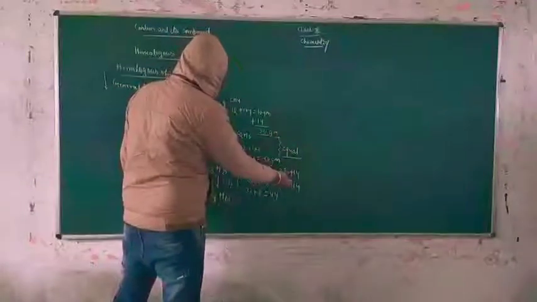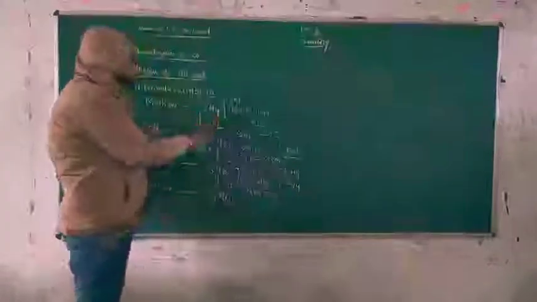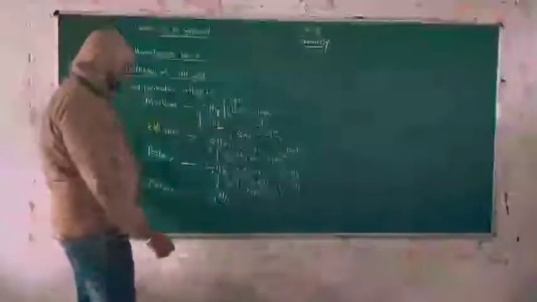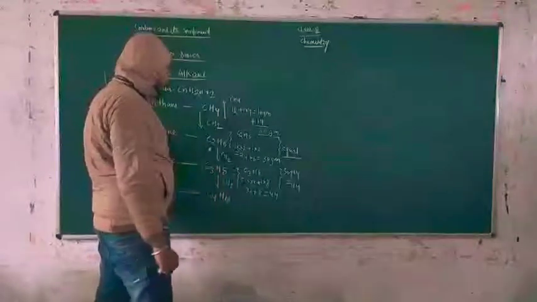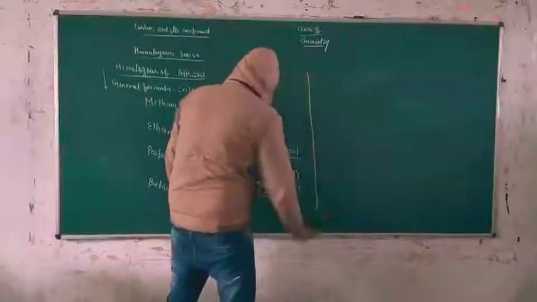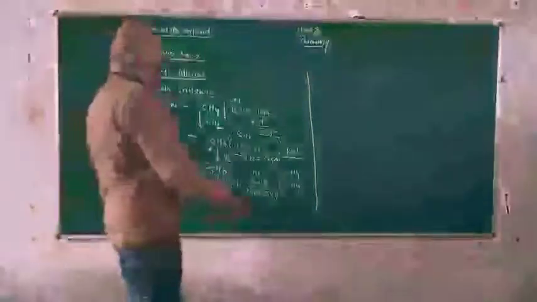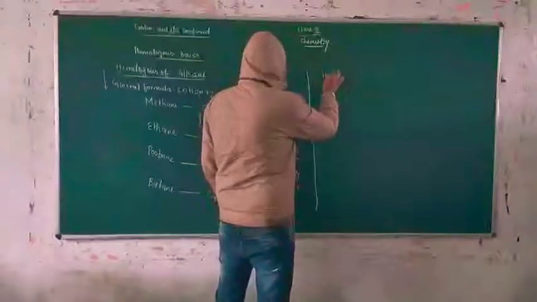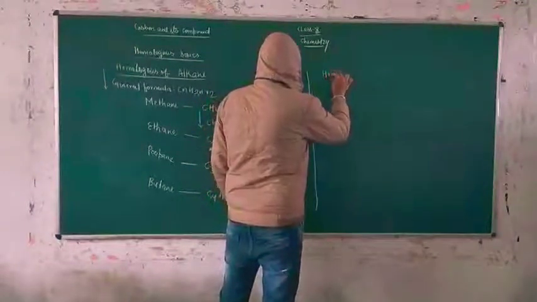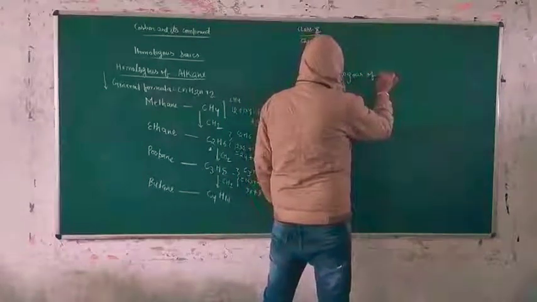That means the concept of formula mass and the concept of the difference of the CH2 group are completely merged. In terms of this series, for the formation, you have to write another homologous series, that of alkene.